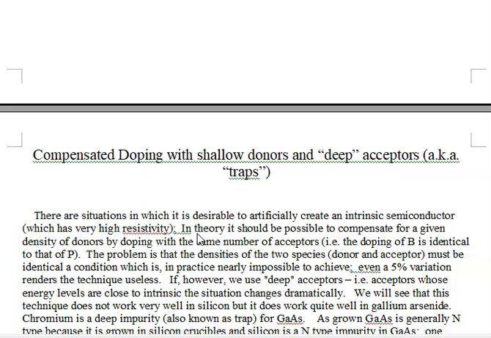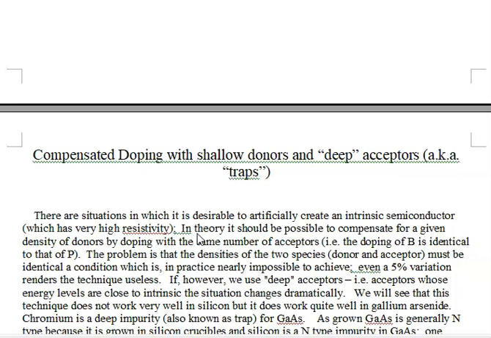For example, if I have 10^16 donors, I just put in 10^16 acceptors. 10^16 donors raises the Fermi level to about 0.36 above intrinsic, and then when I put in 10^16 acceptors, the Fermi level falls back to intrinsic, and then I've got intrinsic silicon, for example.